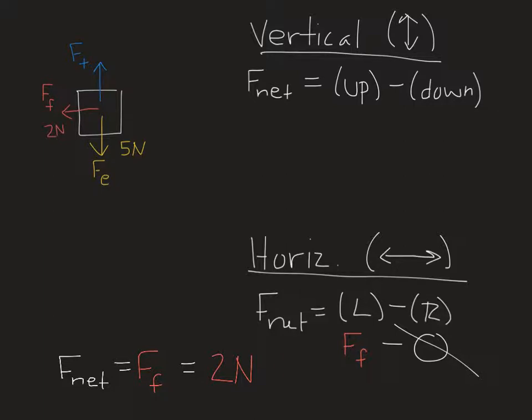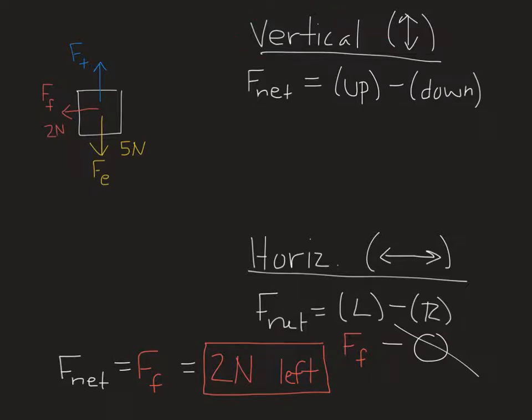So our net force is 2 newtons to the left. So that's how we would write it. We've got a number and a direction. That's it. Left forces minus right forces equals the net force. Net force in the horizontal direction is 2 newtons to the left. So now let's look at our vertical direction.